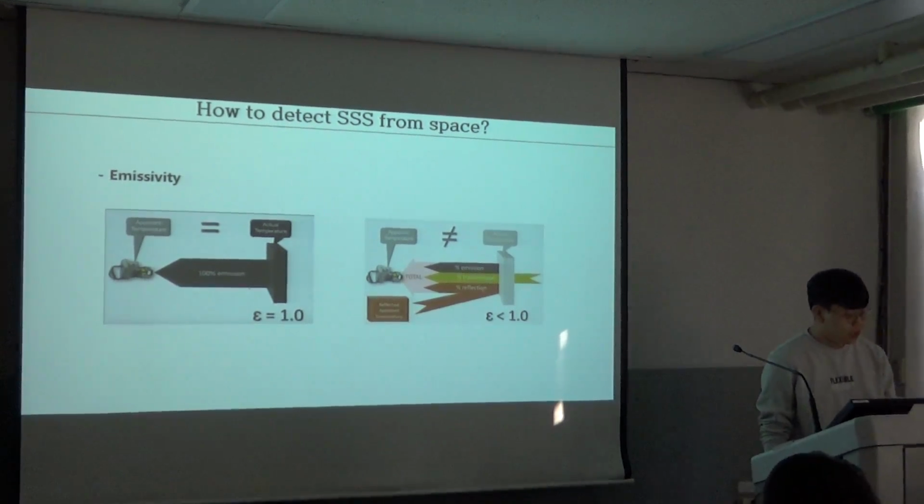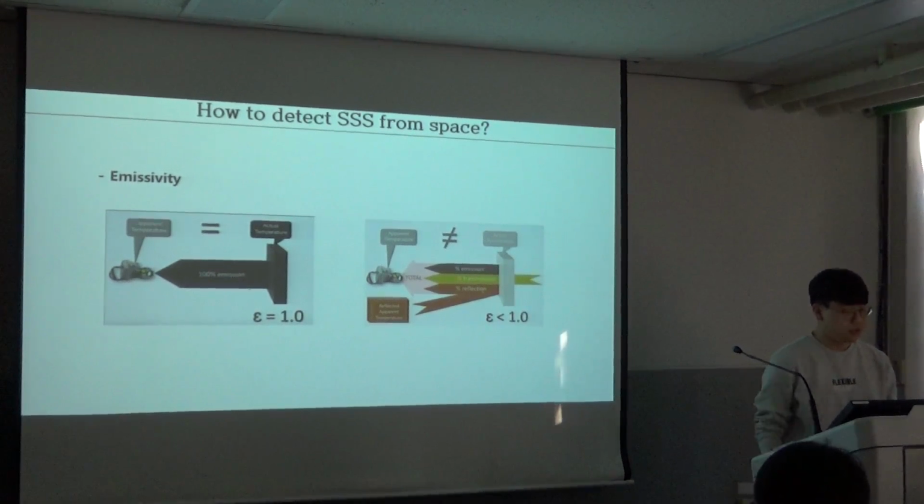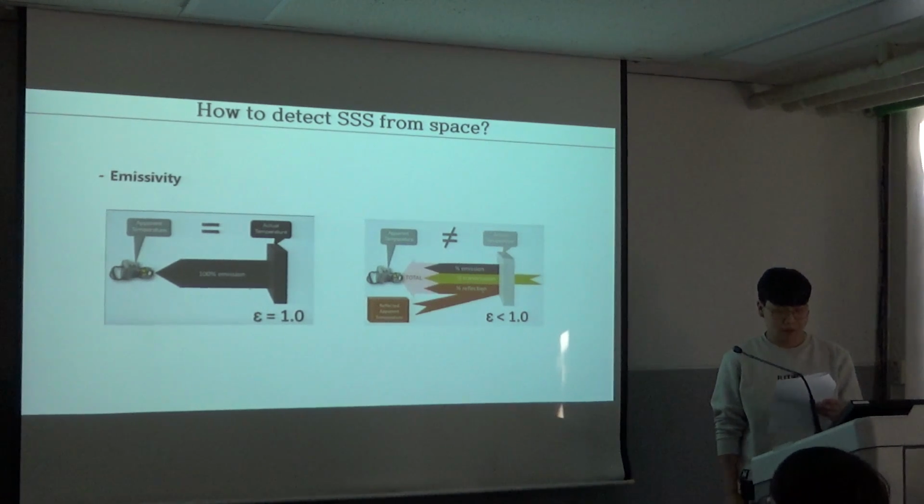On the other hand, we use emissivity for estimation if we use microwave. Emissivity means emission compared to a black body surface at the same temperature. For better understanding, some pictures are prepared. The picture on the left is the emission of a black body.